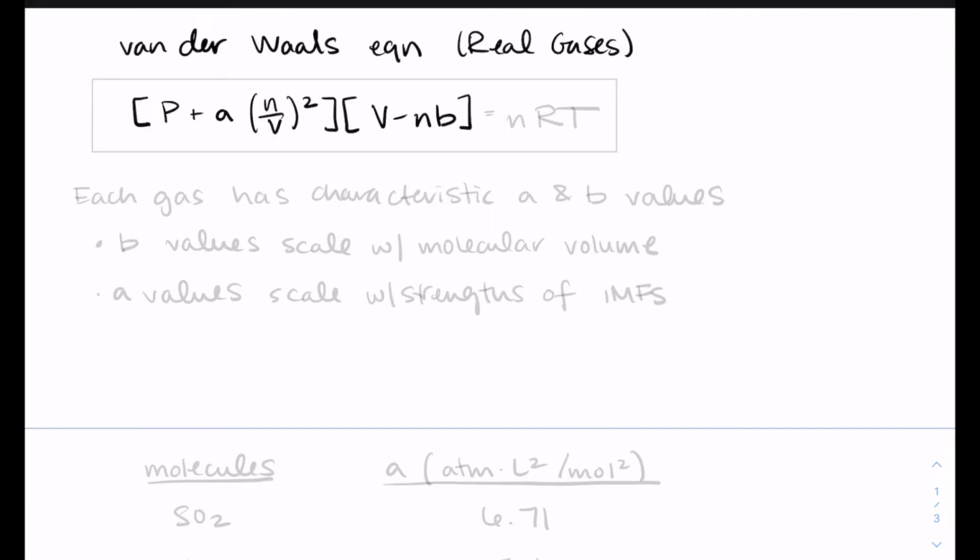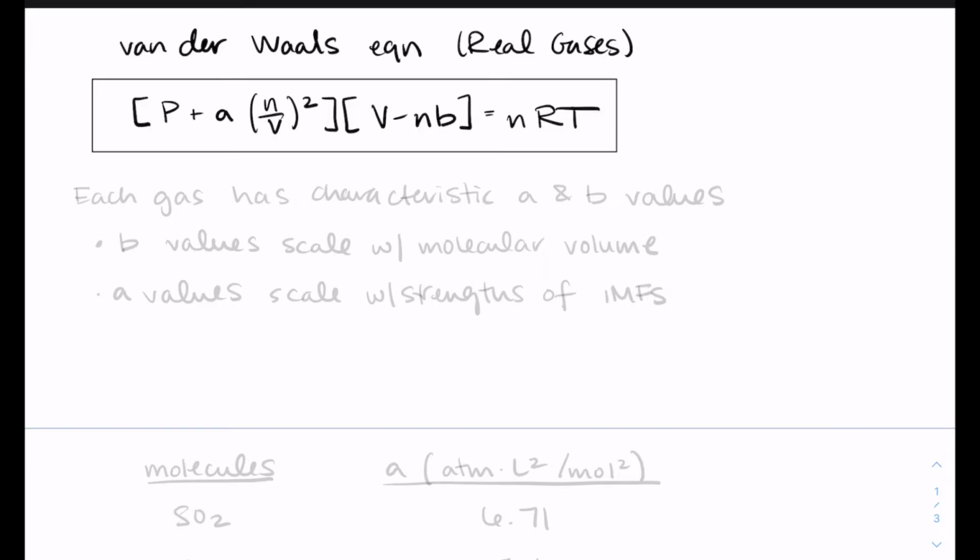For the pressure, this a times n over V squared, and the volume is corrected by subtracting n times b. Those a and b values are characteristics of the gas, so they're values that we will look up in tables or that I will have to give to you.